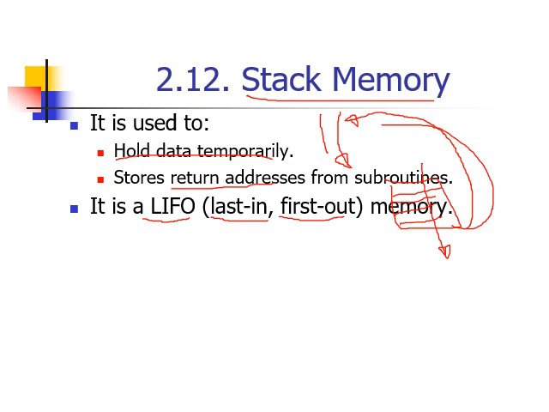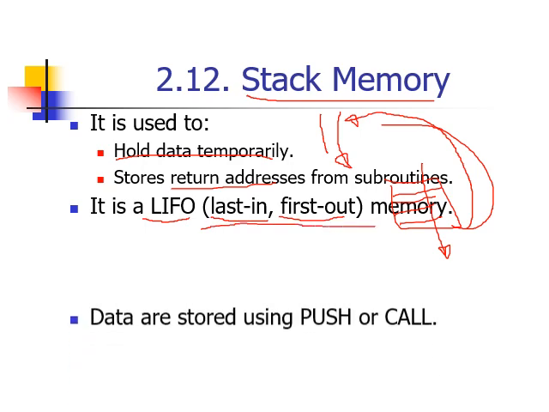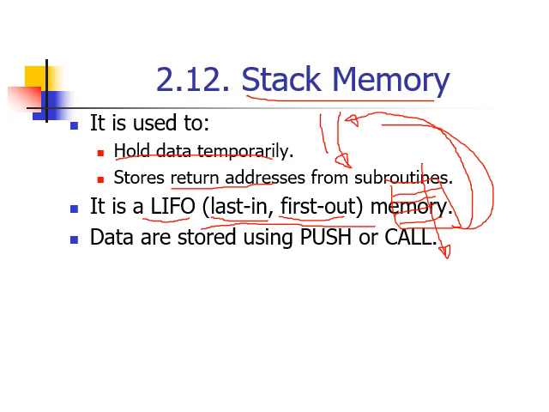So it has to be last in, first out. So the last information stored in the stack is of the outer loop. You have to go first to the outer loop, then to the middle, then to the inner loop. This is why it is of LIFO type of memory. Last in, first out.